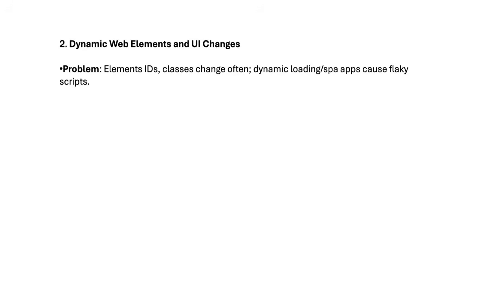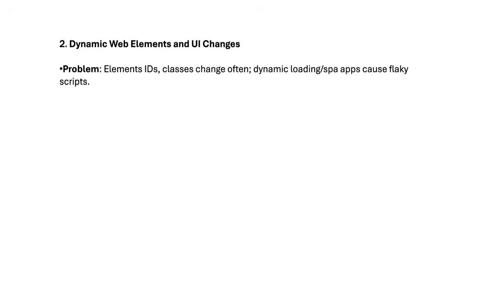Let's talk about the next challenge. We are fed up with dynamic web elements, correct? Sometimes the locator gets changed. Okay, it is a dynamic element, and then the UI changes. So in certain cases, it is one of the biggest challenges. The problem here is that element IDs and classes change often.